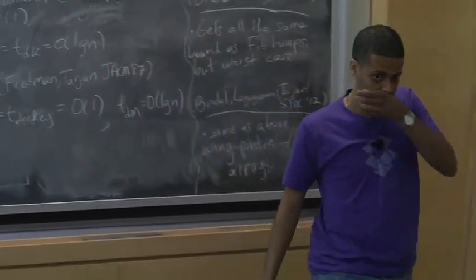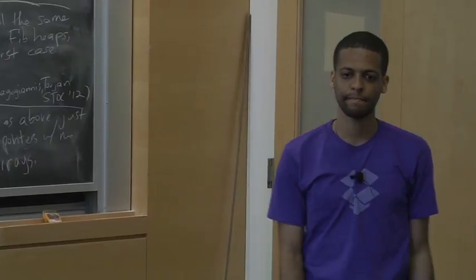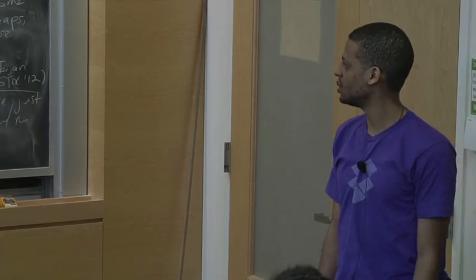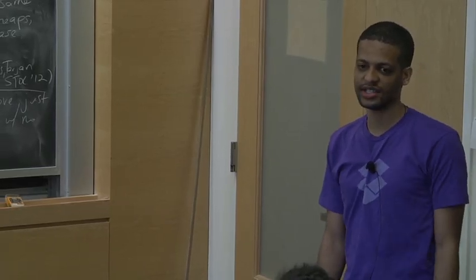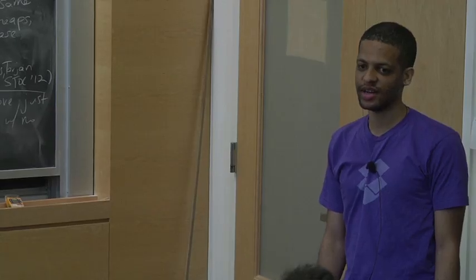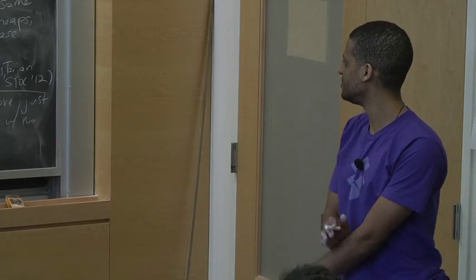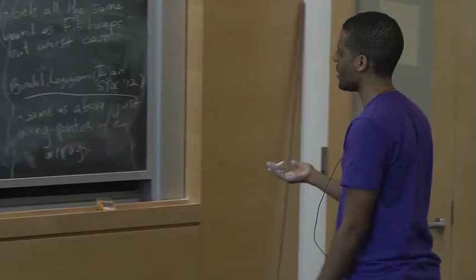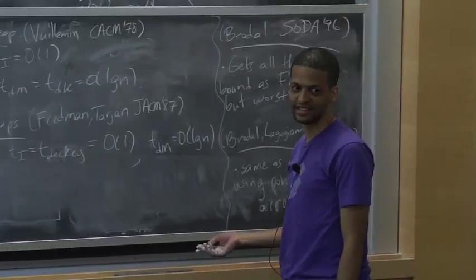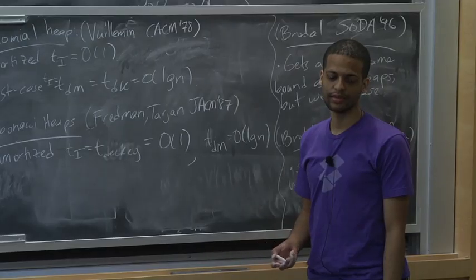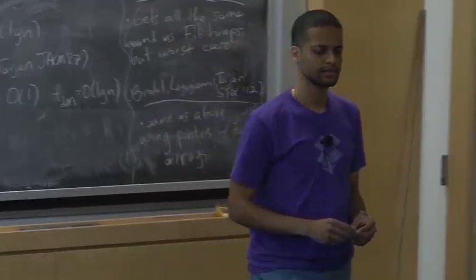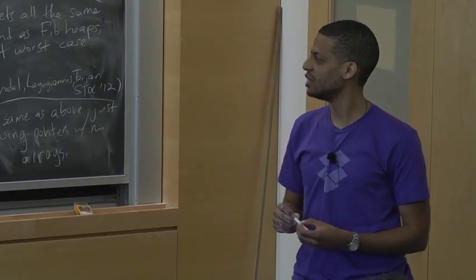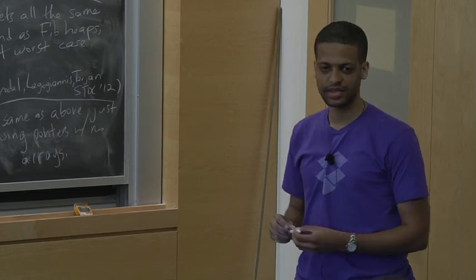Yeah? So has anyone been able to do better using word RAM or something? Yes. So we saw, I guess, fusion trees and van Emde Boas. The better of them gets basically every operation in, let's say, root log n. So if you think of one of those as a heap, yeah, you can use them to implement heaps.